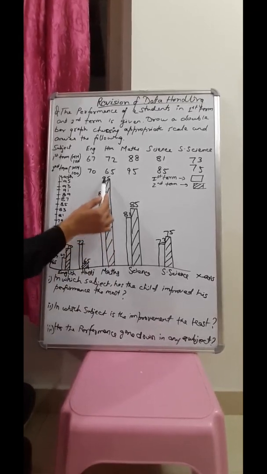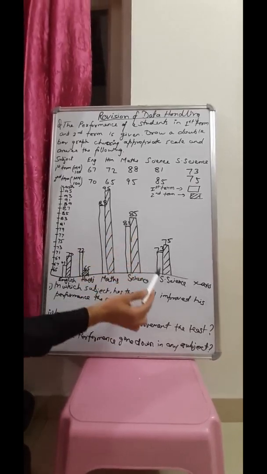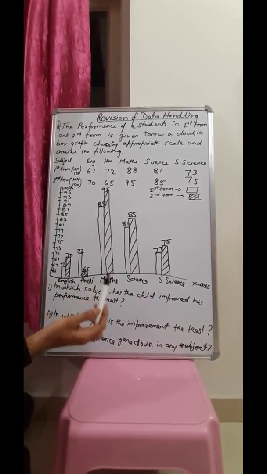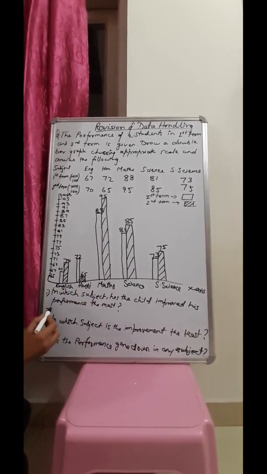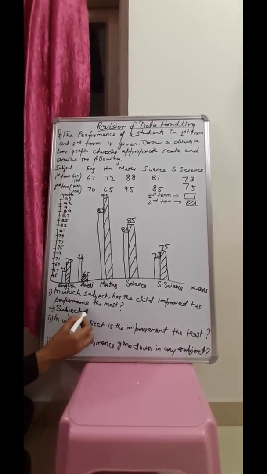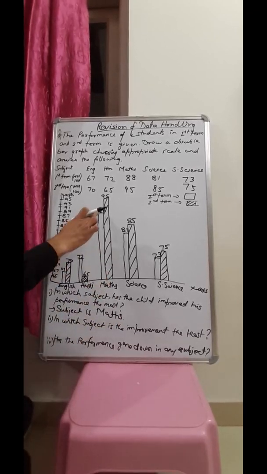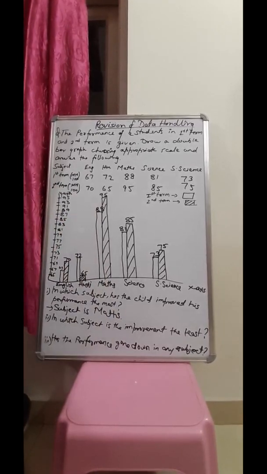So 7 marks have been increased, and in science 4 marks have been increased, and in social science 2 marks have been increased. So the maximum marks that have increased are in the subject of maths. So here the subject is maths. In maths there is the most number of marks that have been increased.